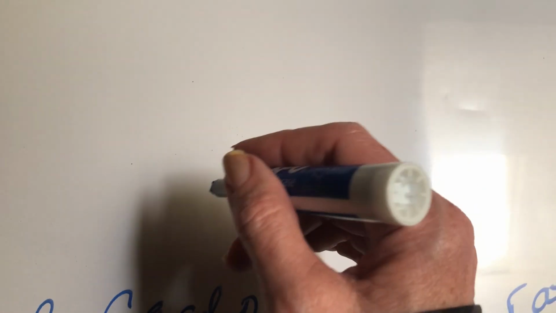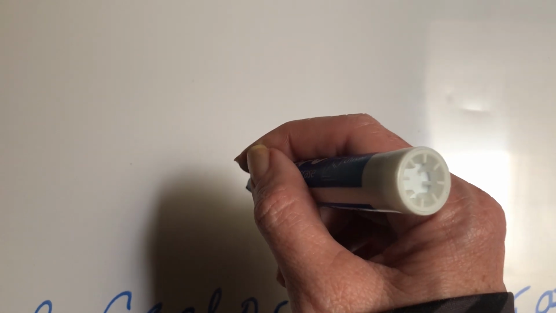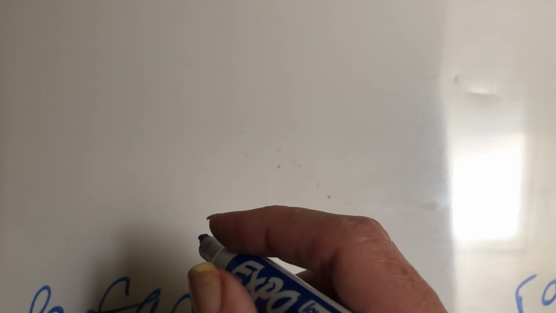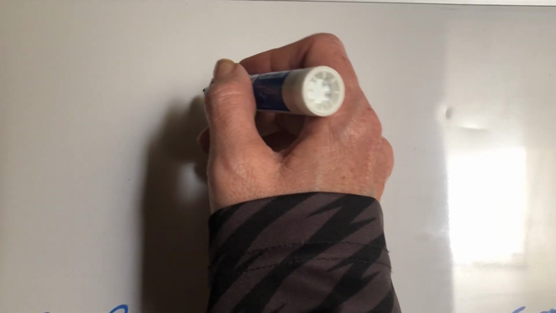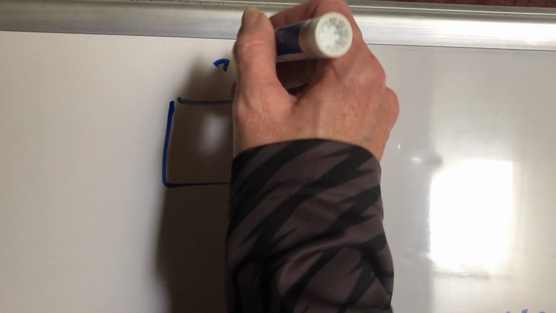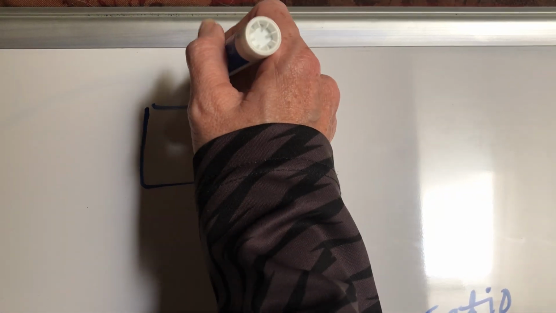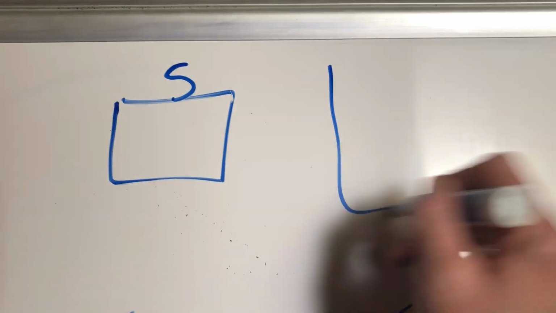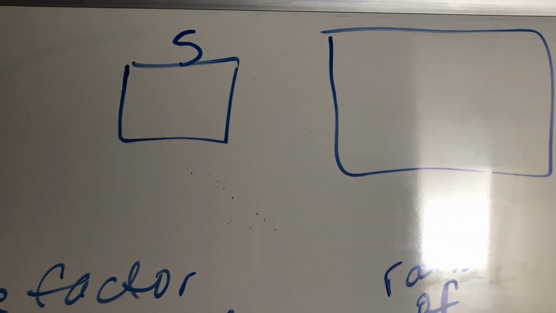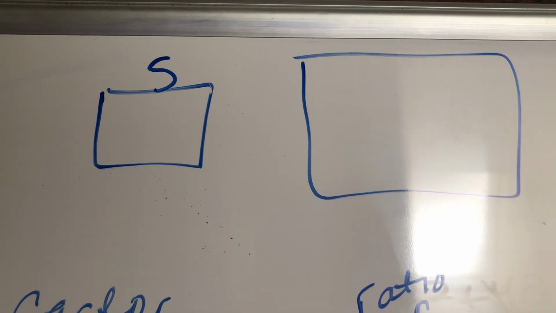Let's try a different one. Let's just do rectangles again. This is 5, and a lot of times there won't be an x there.